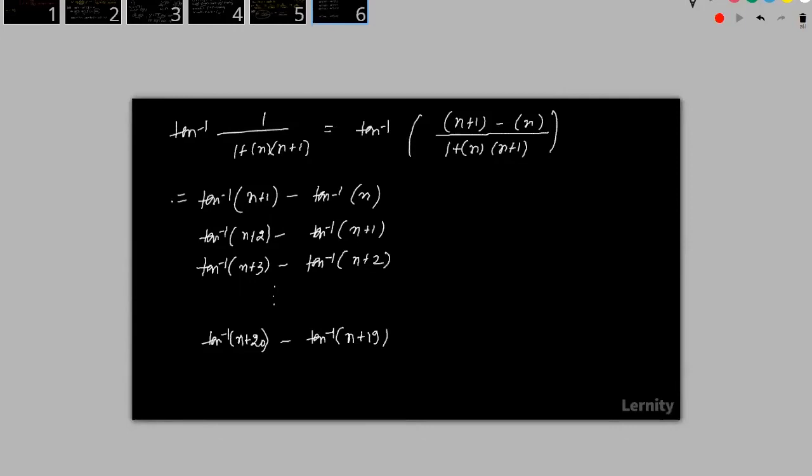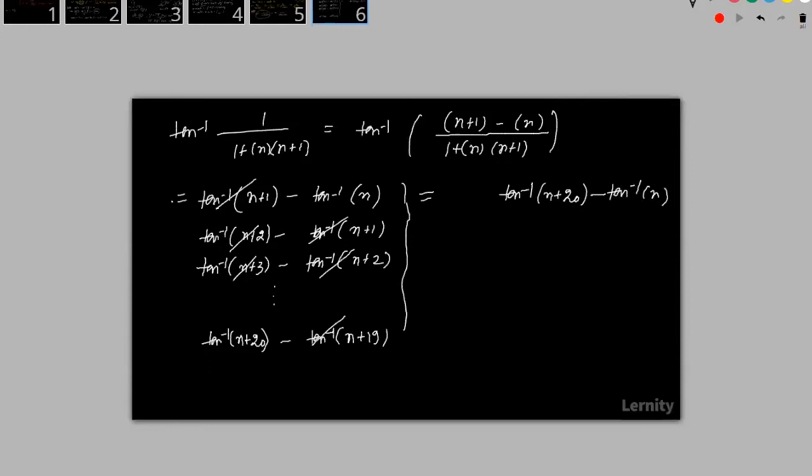If we look at them, this will get cancelled out with this. This part will get cancelled out with the next one, and this will cancel out with the previous one. So the only thing left will be tan inverse of n plus 20 minus tan inverse of n.